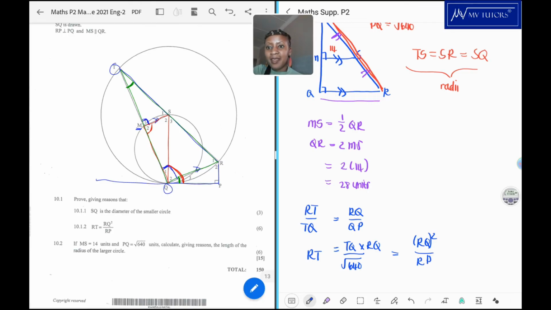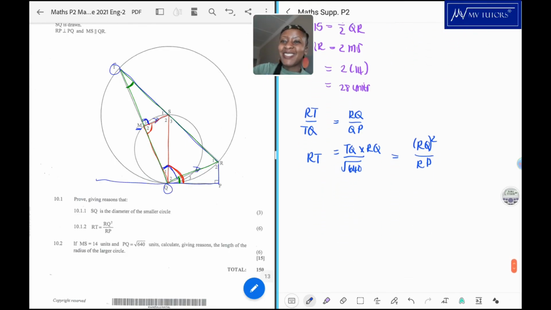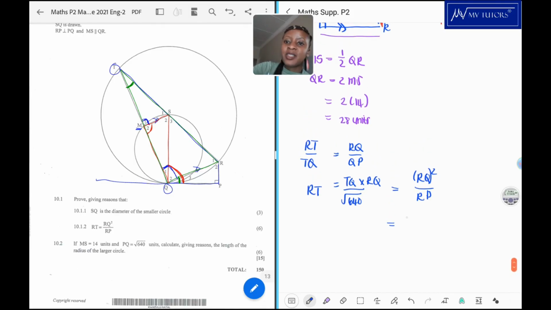Oh yes, now I see what I'm doing. RQ, which is the same as QR, is 28 units, and that's squared. And then RP. I actually didn't need this; I could have just used what we solved in the previous question. So I know RQ is 28, and we're squaring it, over RP.